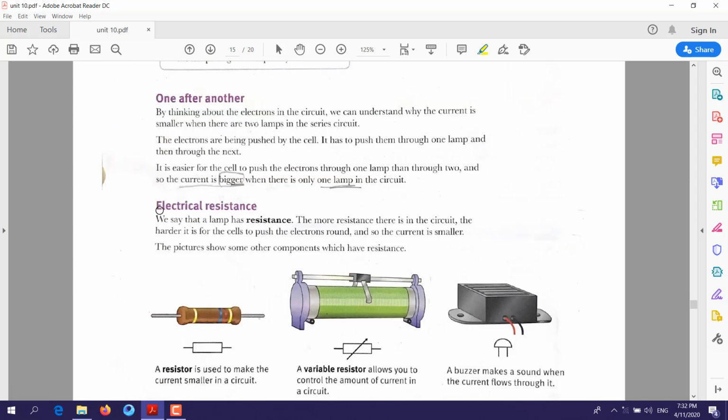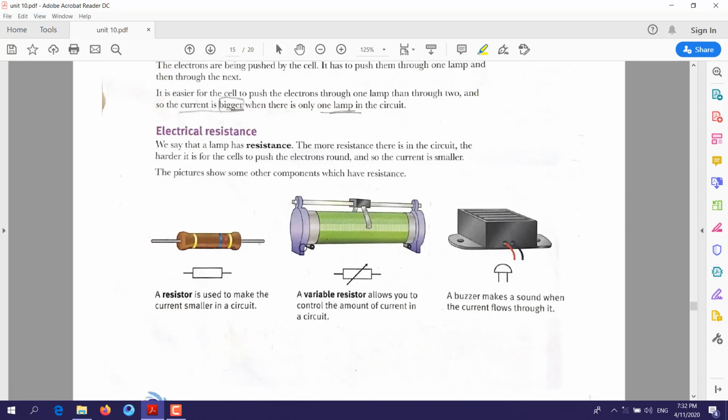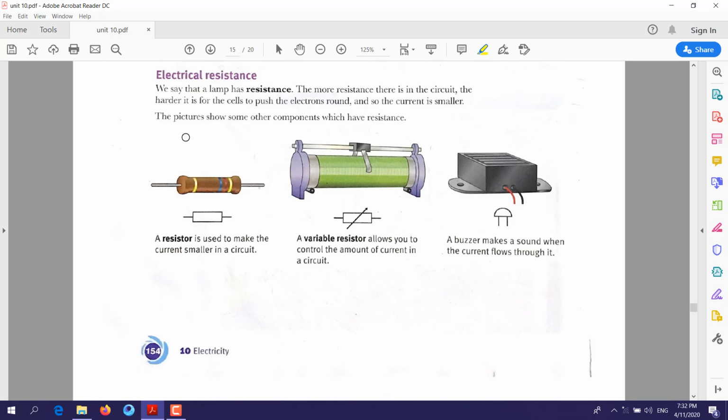Electrical resistance. We say that a lamp has a resistance. What does that mean? When you have a bulb or a lamp, for it to light up, the energy has to pass through it. So this light is resisting the movement of the charge.